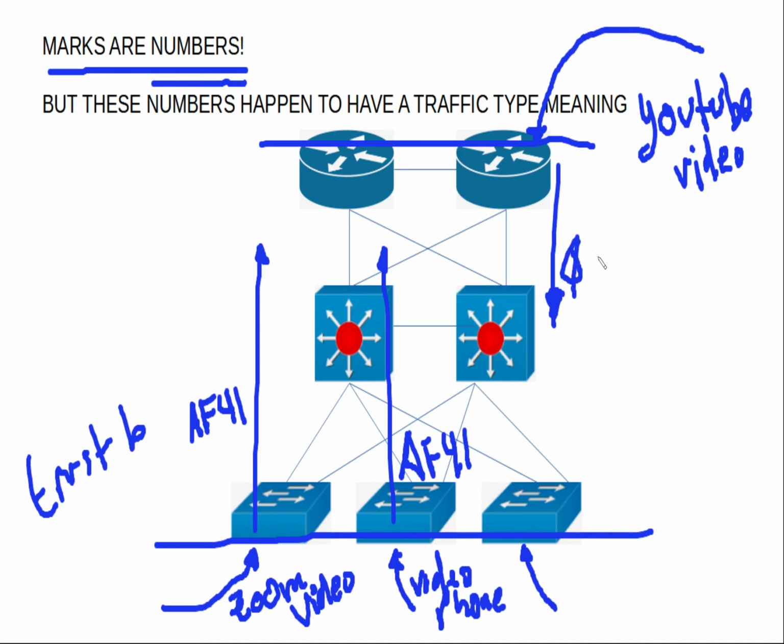That means that it is best effort traffic, and we are going to provide more resources to traffic marked as AF41 than the resources that I'm going to provide to best effort traffic. So that is the point of marking, assigning some number to traffic so you can identify it later on when it is traveling across your network.